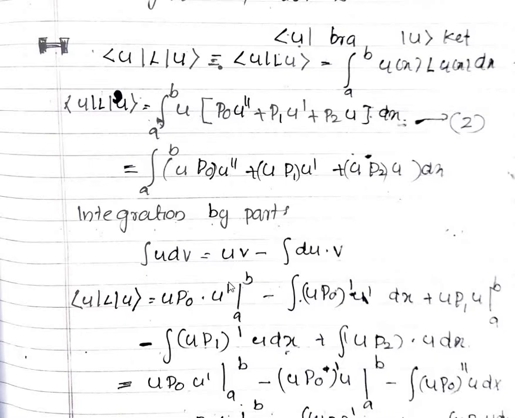When you integrate u double dash, you will get u dash between the limits a and b, minus the integral of the differential of the first function.